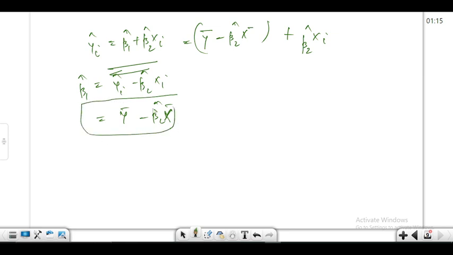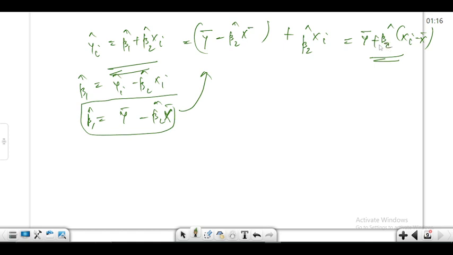Okay, so this has been put here, and this is the remaining part. So this is equal to your y bar plus beta 2 hat xi minus x bar. If I open the equation and rearrange the values, I'll get this. This is beta 2.